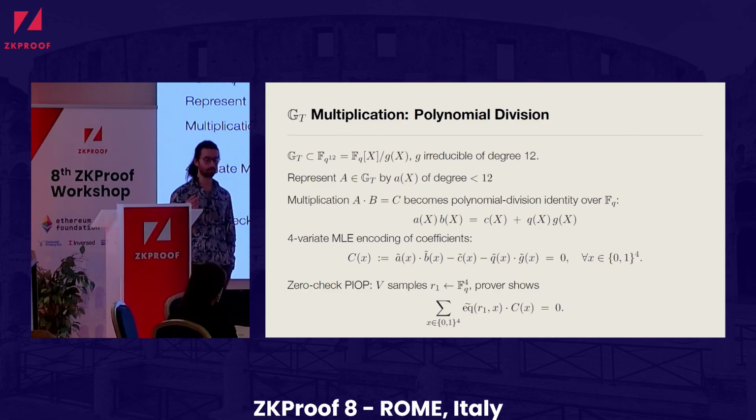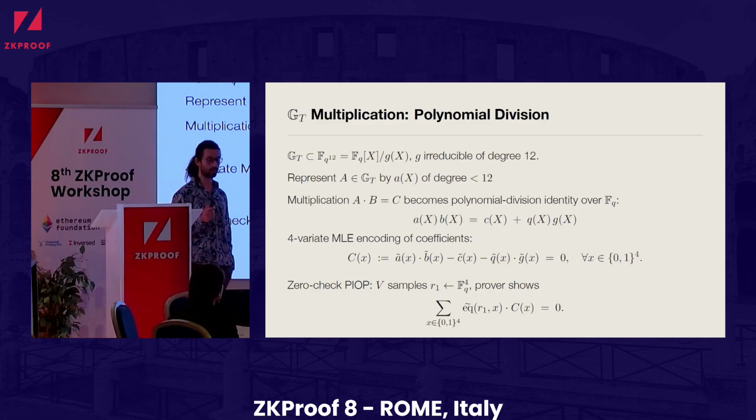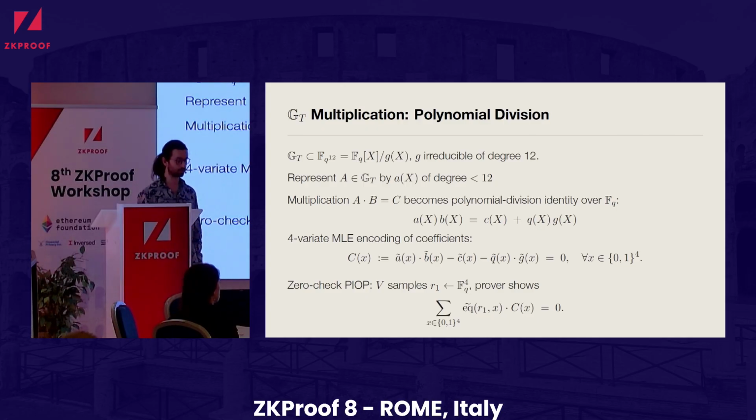The way we do these things with SumCheck is we encode these coefficients as multilinear extensions. In particular, we use some 4-variate polynomials, we will see in a moment why 4, and we create our constraint C, so that we can run our SumCheck for this zero-check PIOP. In particular, the prover shows that this equation holds using the SumCheck protocol.